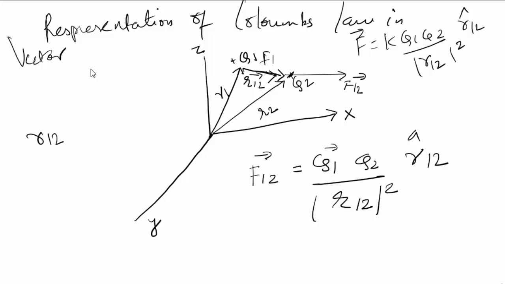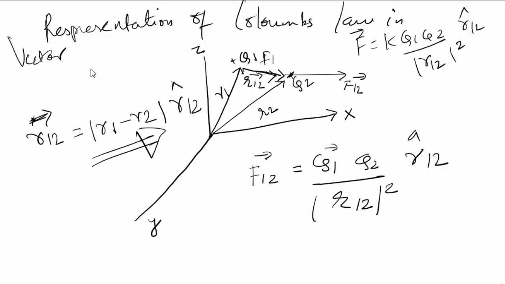When you are talking about position vectors, you have to remember that R12 is R1 minus R2, and the unit vector is R12 hat. So that's how you are defining Coulomb's law in mathematical form, and also representing it in the Cartesian coordinate system.